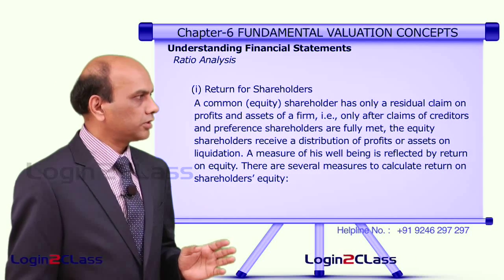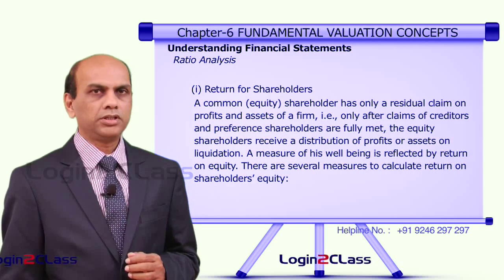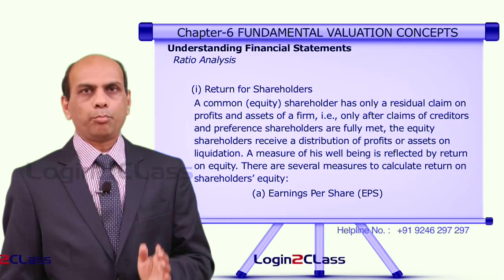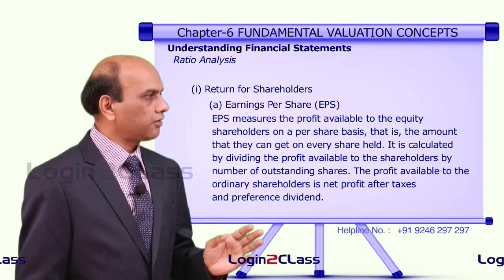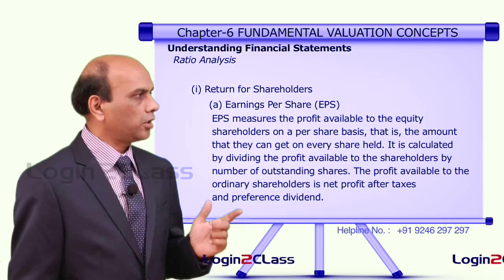There are several measures to calculate return on shareholders' equity. These measures, as we discussed, the first one, earnings per share. EPS measures the profit available to the equity shareholders on a per share basis.